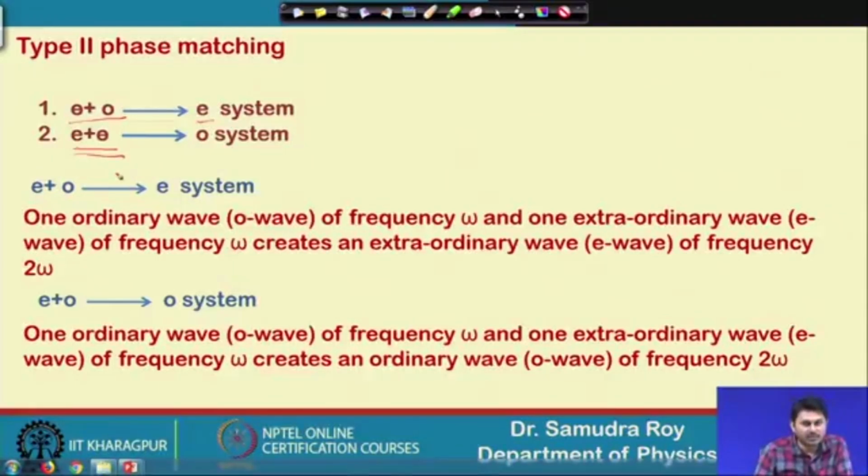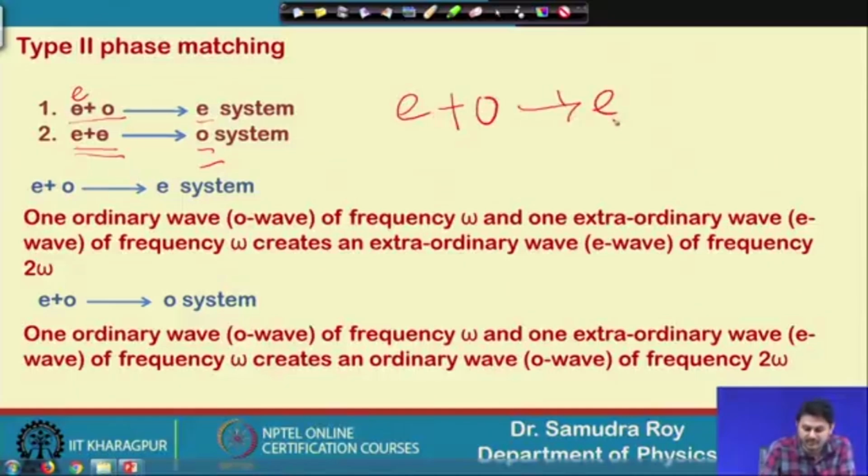Here somehow it became theta, so it should be E. Let me write E plus O can generate E. This is one system under type 2 phase matching. E plus O can also generate an ordinary wave. This is a mixture of these things. So, this is called type 2 phase matching.